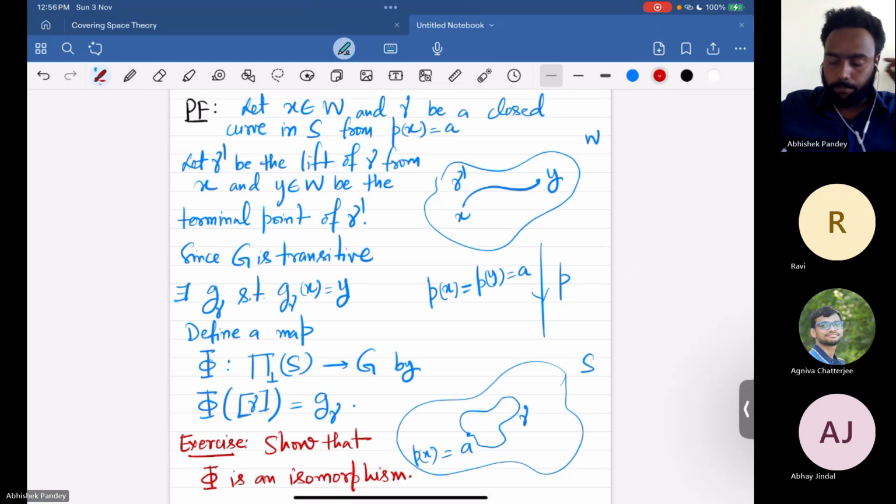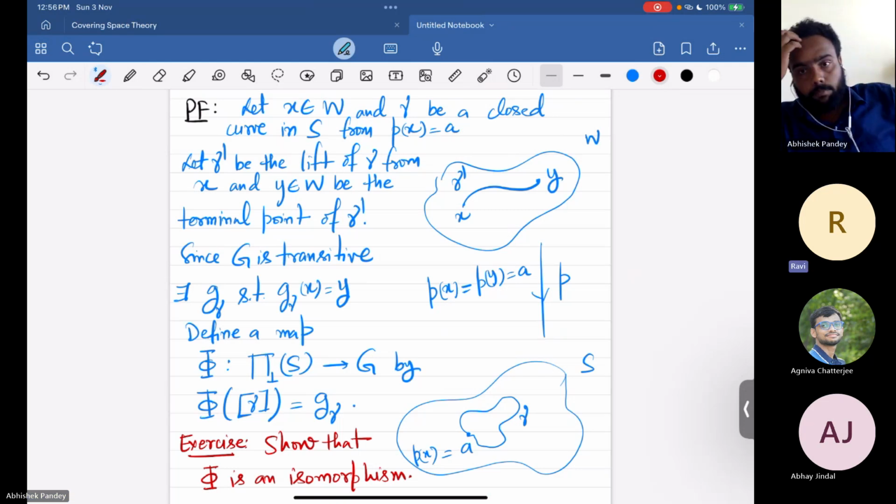So then this g gamma should be the class of g gamma if we define this phi, right? Otherwise this phi is not well defined. How is it defined right now? Means if you are saying it's not unique.